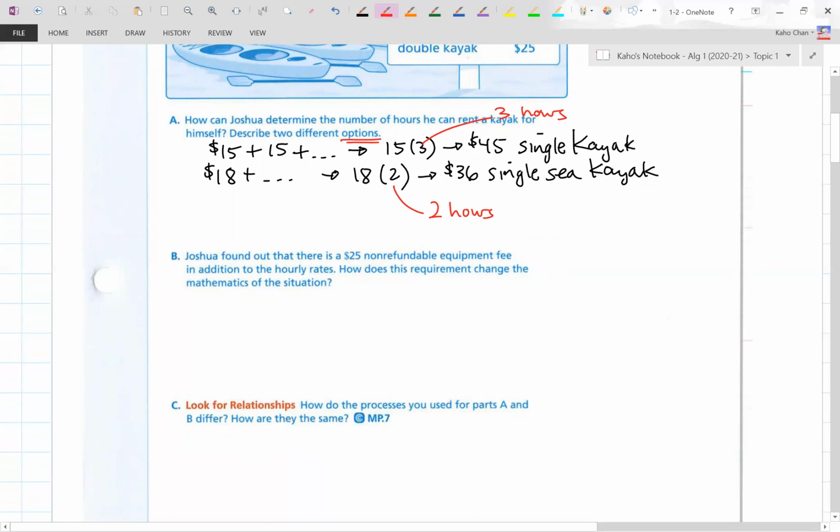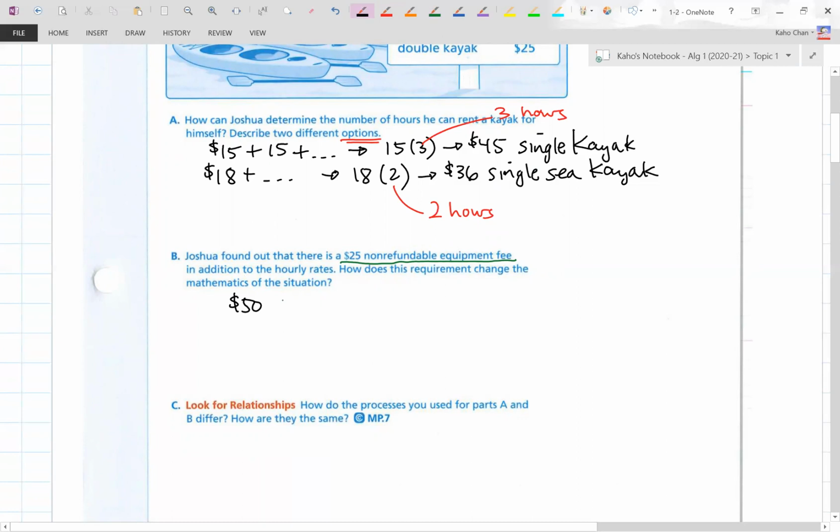All right, second question. Joshua found out that there is a $25 non-refundable equipment fee. Oh boy, great. In addition to the hourly rates, how does this requirement change the mathematics of the situation? Remember, our budget was $50.